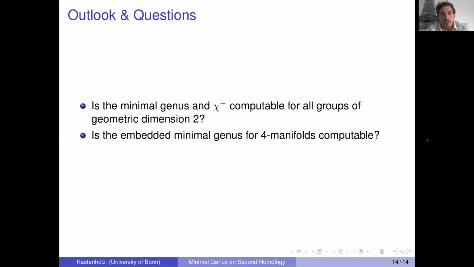So one question might be, okay, this implies that we can't compute the arbitrary minimal genus for 4-manifolds. But can we actually compute the embedded minimal genus, which is bigger than the arbitrary minimal genus? And I think that our theorem hints at the fact that this might be actually uncomputable, because I think it would be quite weird if one might be able to compute one, but not the other.